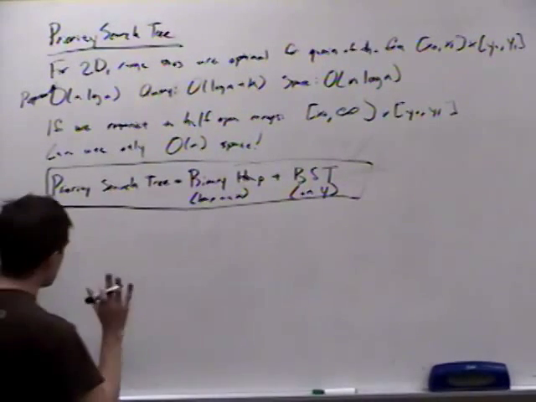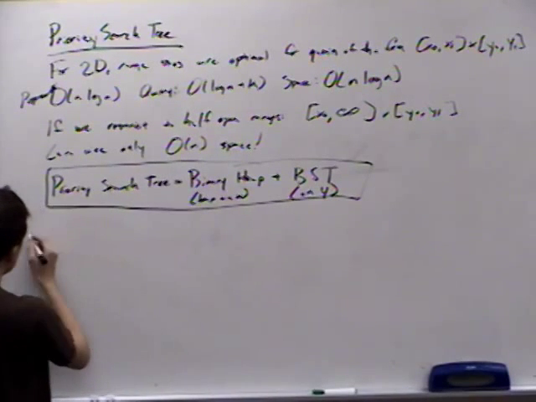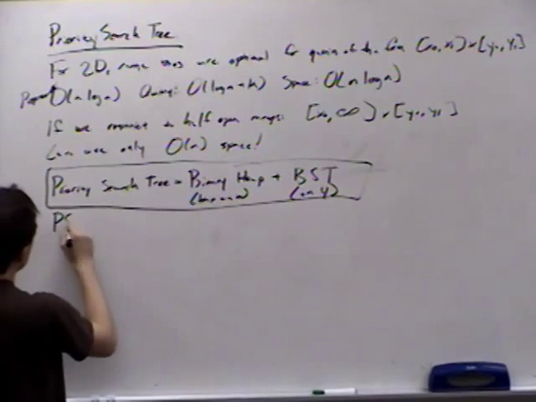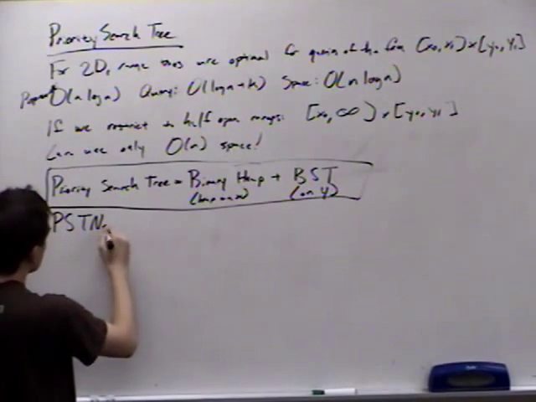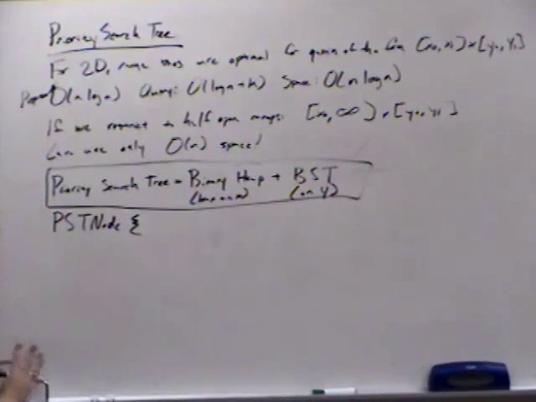And once you know what they are, it's easy to figure out how you would build this thing. Here's the idea. We'll call this PST node, for priority search tree node. It's going to have 4 properties.